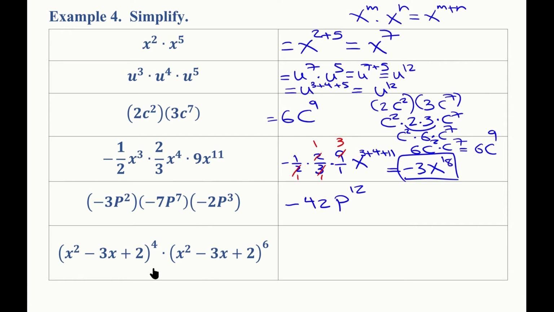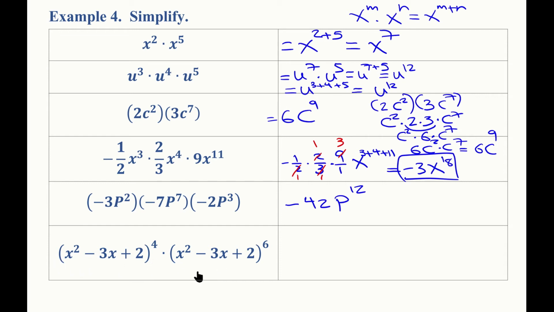How about this relatively complicated looking thing? Can we apply the product rule here? Of course. You're multiplying two powers, right? Each of these is called a power, and they have the same base.